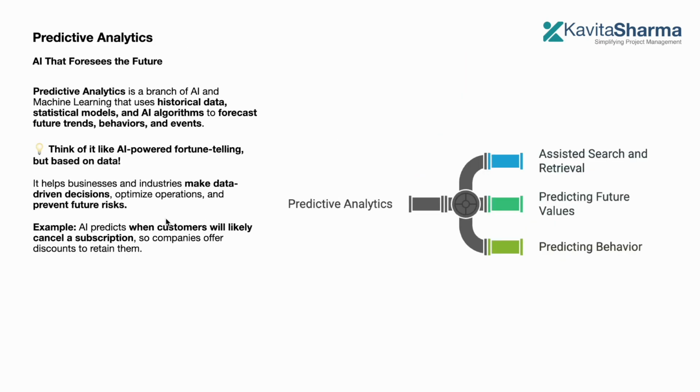Then there's predictive analysis, AI that foresees the future. So if a share is trading at this price level, and this is the trend, where do you see this particular share later? There are share trading AIs which can give you inputs in real time.